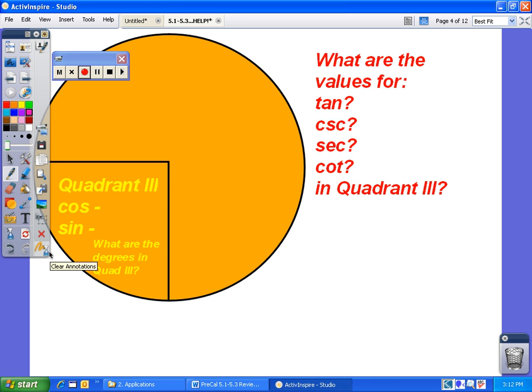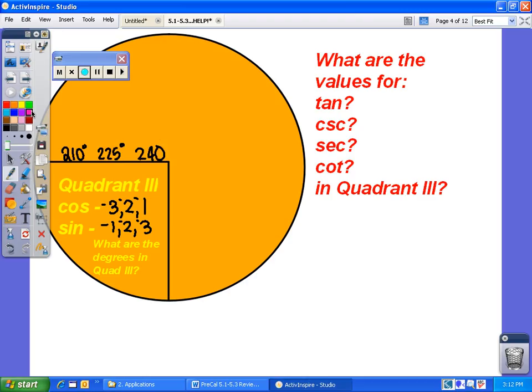In the third quadrant, you go back into the regular order that you had before. 3, 2, 1, 1, 2, 3. But everything is negative in this quadrant except for tangent. The numbers that you should be using in this quadrant are 210, 225, 240.